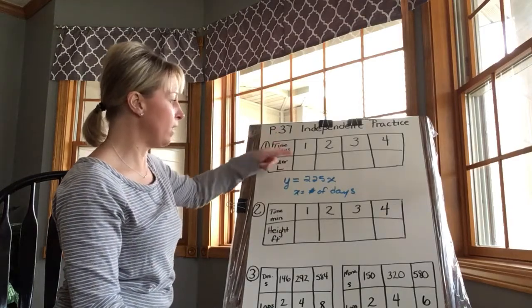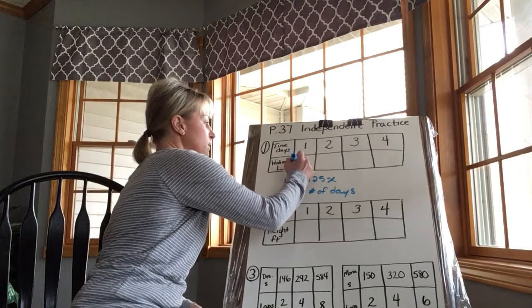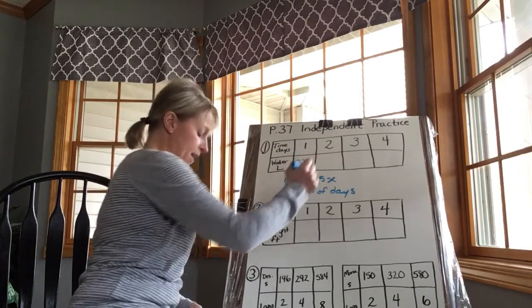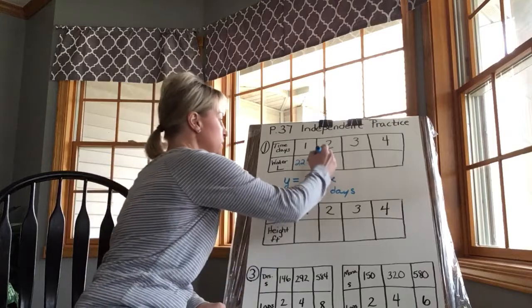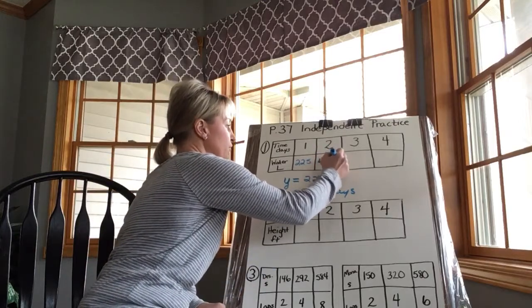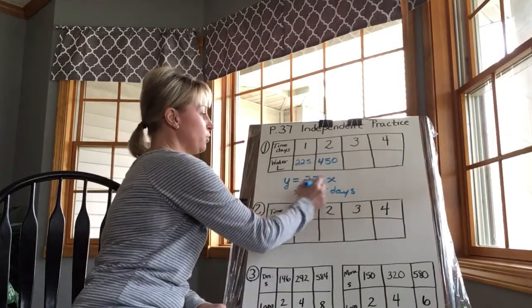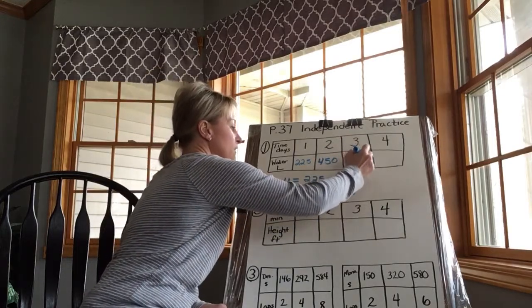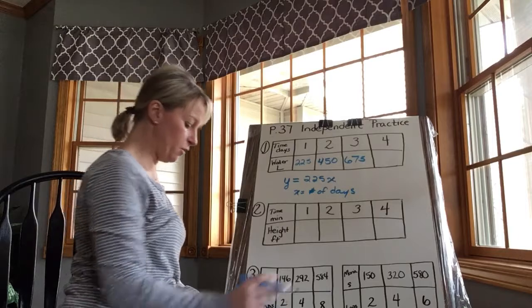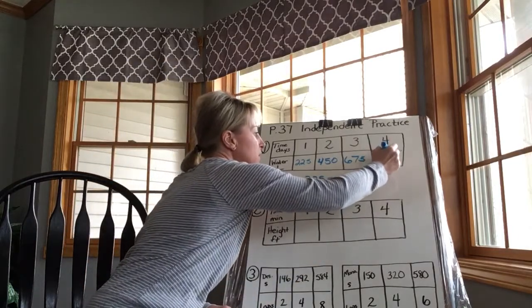So let's just figure it out. 1 times 225 is 225. 225 times 2 is 450. 225 times 3 is 675. And 225 times 4 is 900.